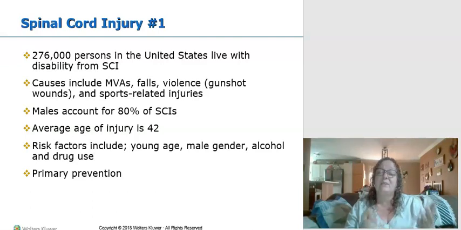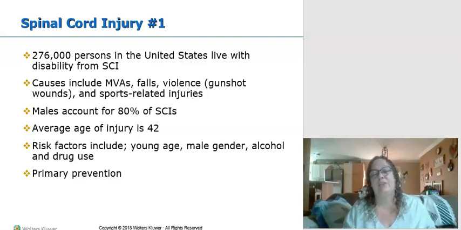However, the average age, surprisingly, of injury is 42. You would think by then you'd have gotten a little more out of your system. Risk factors include young age, male gender, alcohol, and drugs.